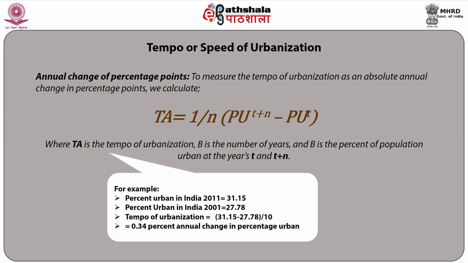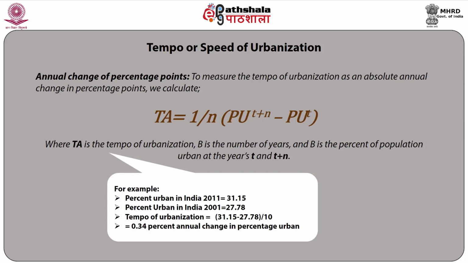For example, if you have 2001 urban population, percentage urban population 27.78, and in 2011 we have percentage urban population 31.15. So the difference of this will be divided by 10, that is in 10 years time.